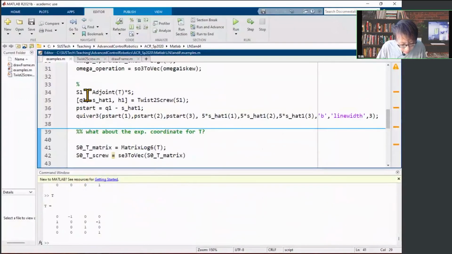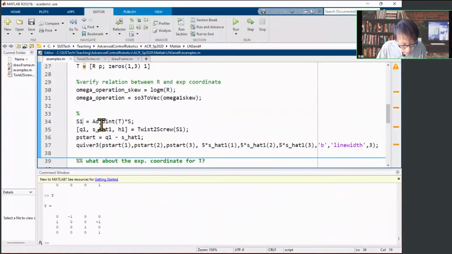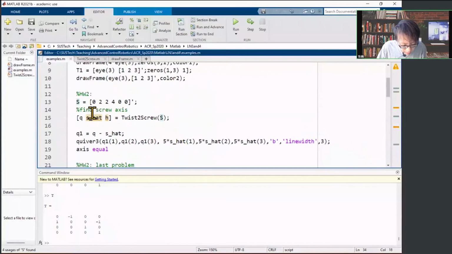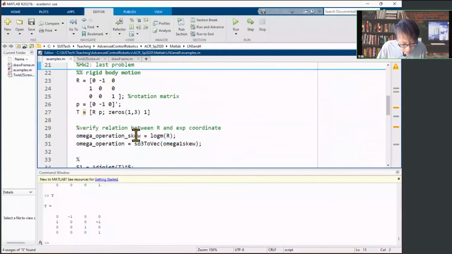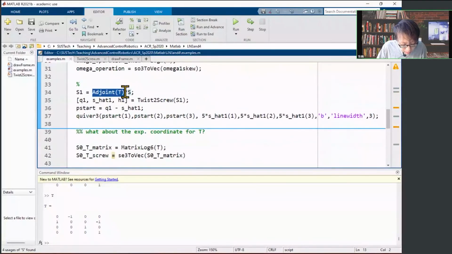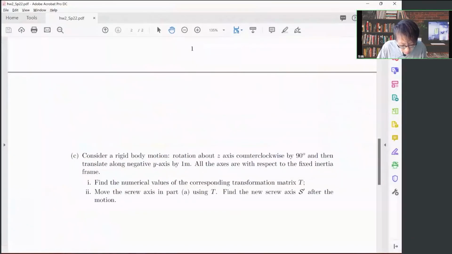I call this S prime as S1 here. So S was given by this guy, and then I applied the adjoint, right? That's what we reviewed here.